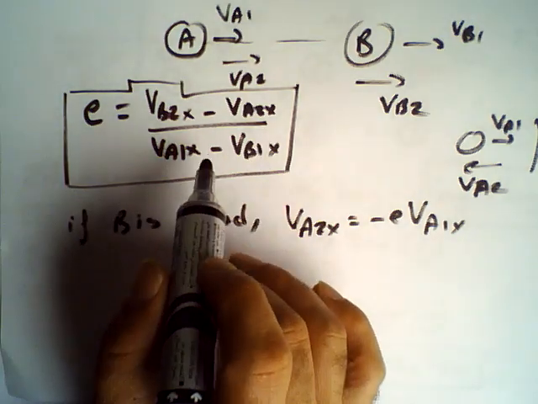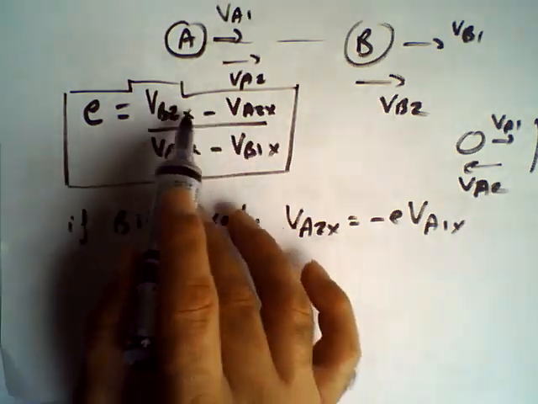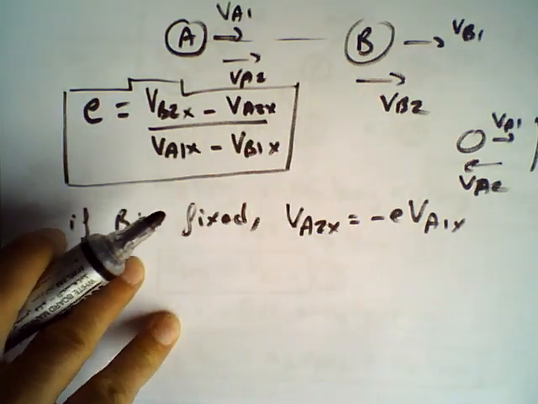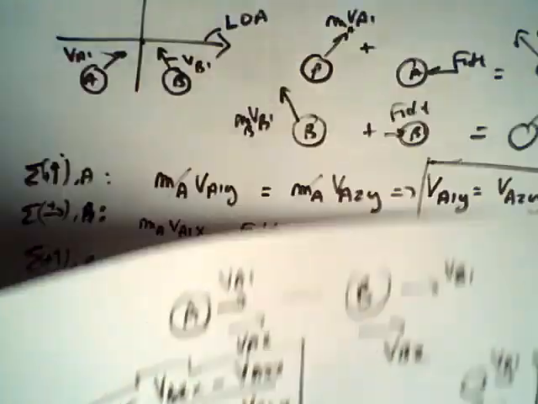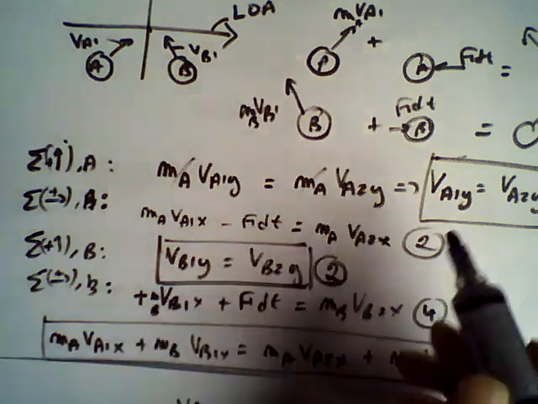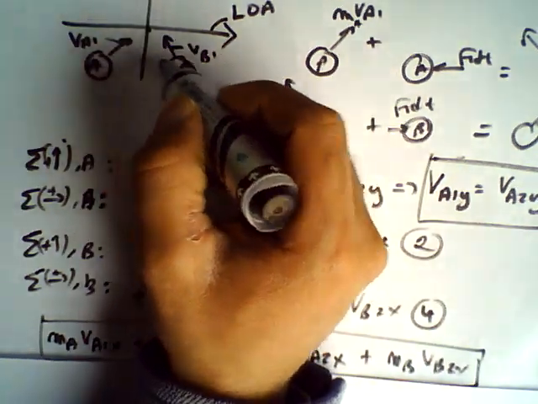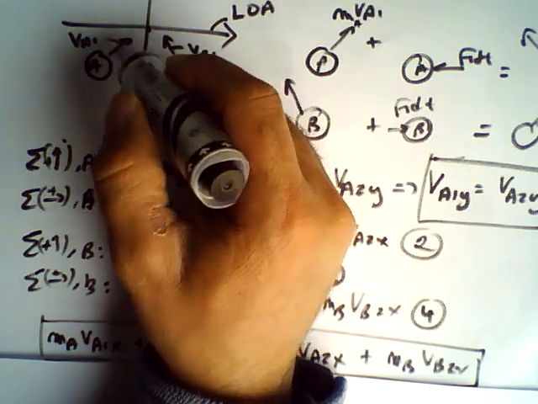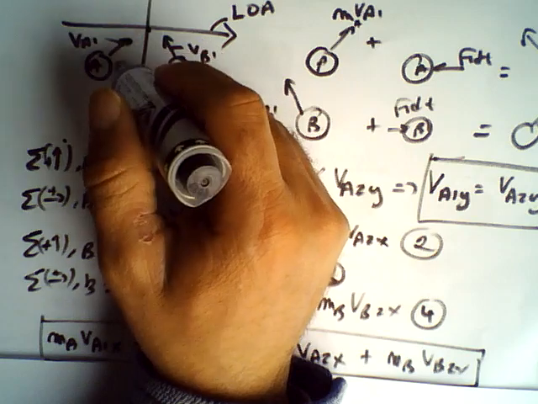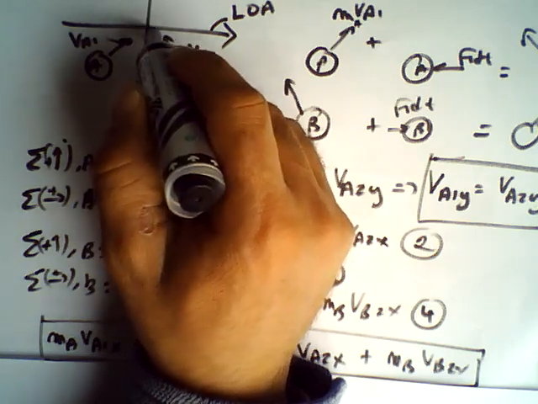But this equation has two unknowns. So if I add this equation to my previous 3 equations, then I'm going to have 4 equations and 4 unknowns, right? So I know the velocities of these 2 balls after the collision along this direction will both be equal, right? It won't change because I have no impulse.